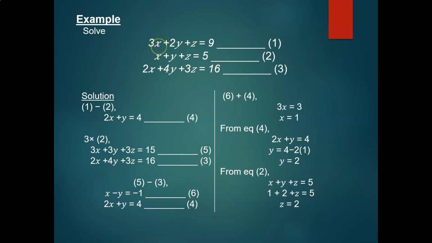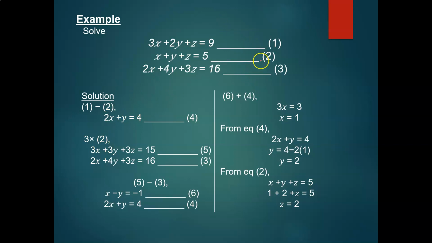So we have 3 unknowns, x, y, and z. Okay, so we have 3x plus 2y plus z equal to 9, first equation, and then this one, second equation, and this one becomes your third equation. So how I'm going to solve this one, we need to find what is x, what is y, what is your z over here.